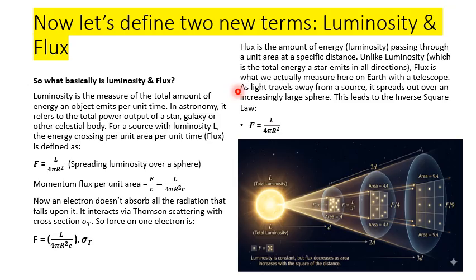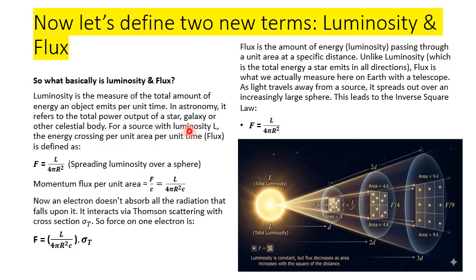Luminosity is the measure of the total amount of energy any object emits per unit time, and in astronomy we will consider the object to be a star or a celestial body or a galaxy or a planet or an asteroid if it emits energy.